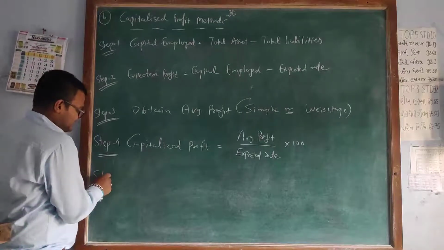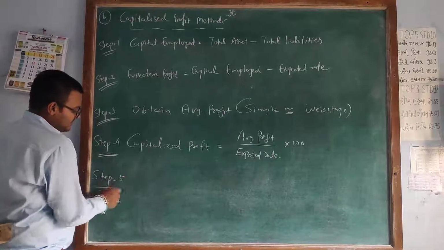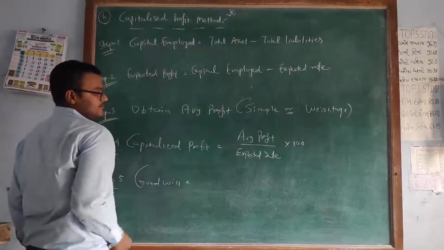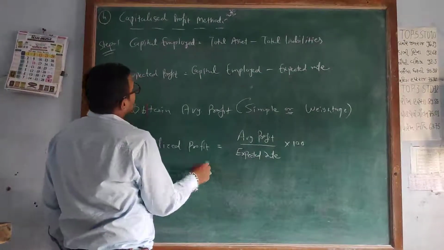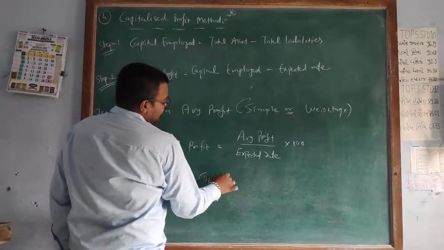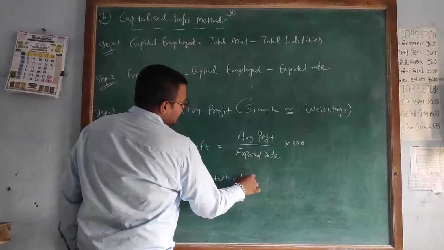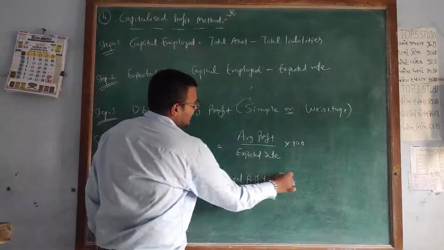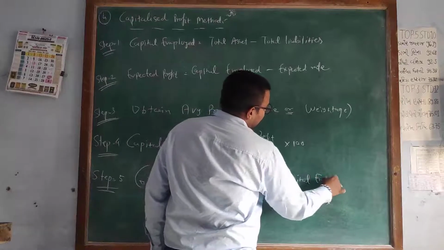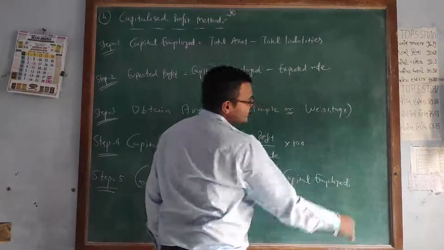And the last and final step will be number 5, goodwill: capitalized profit minus capital employed.